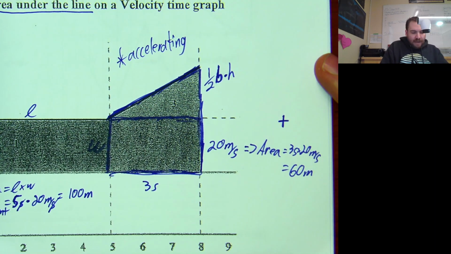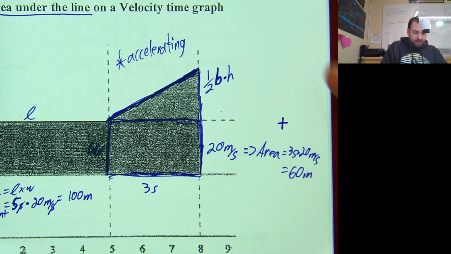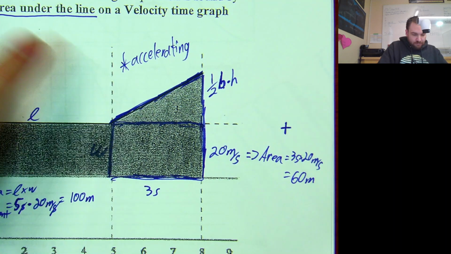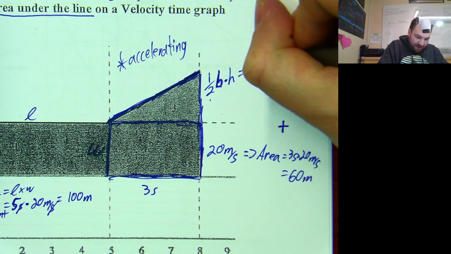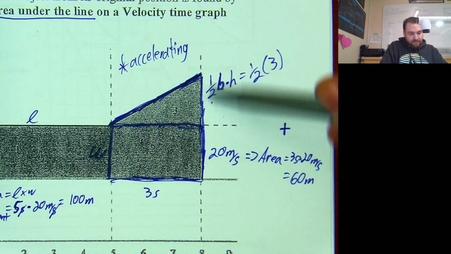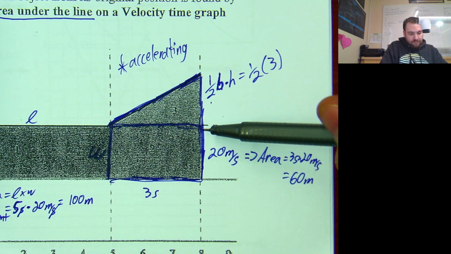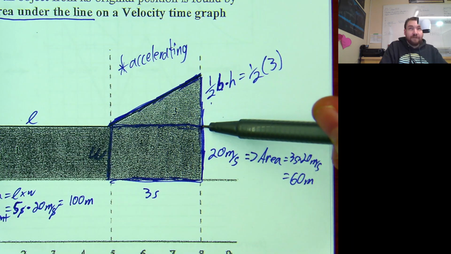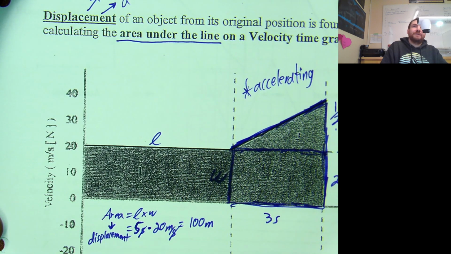What's my base for the triangle? So we're going to have 1/2 times 3. What's my height? It's rising from, yeah, you can't see it on here. It's going from 20 to 40.